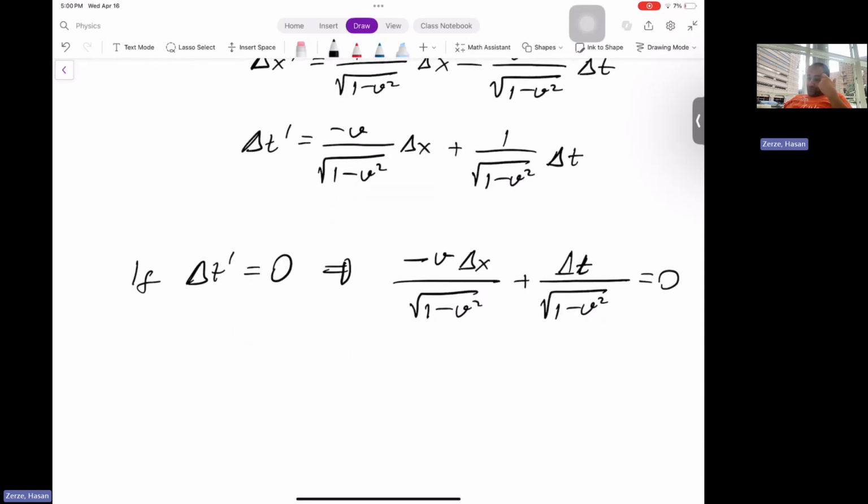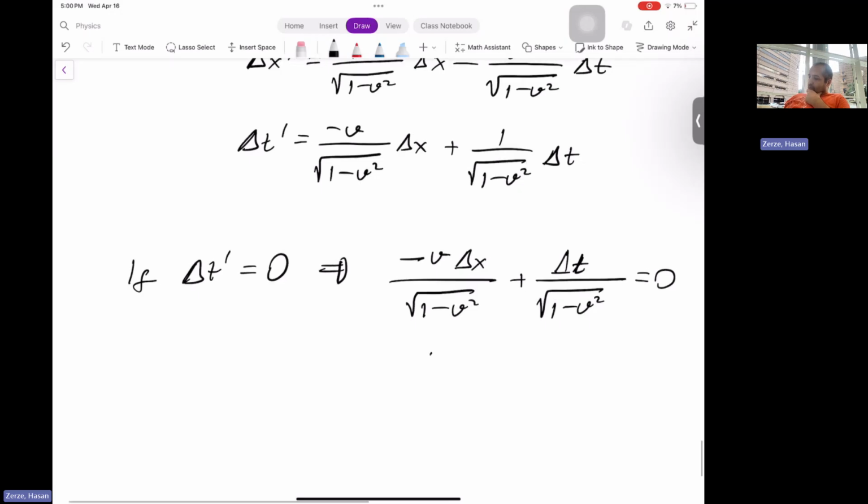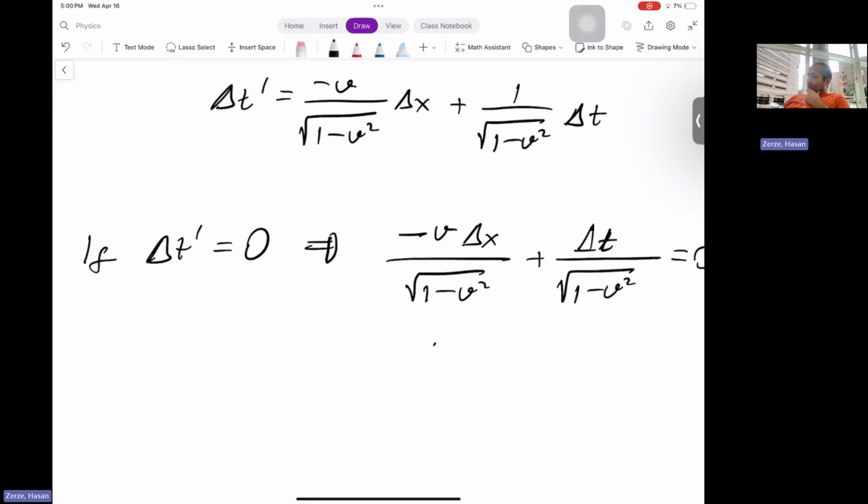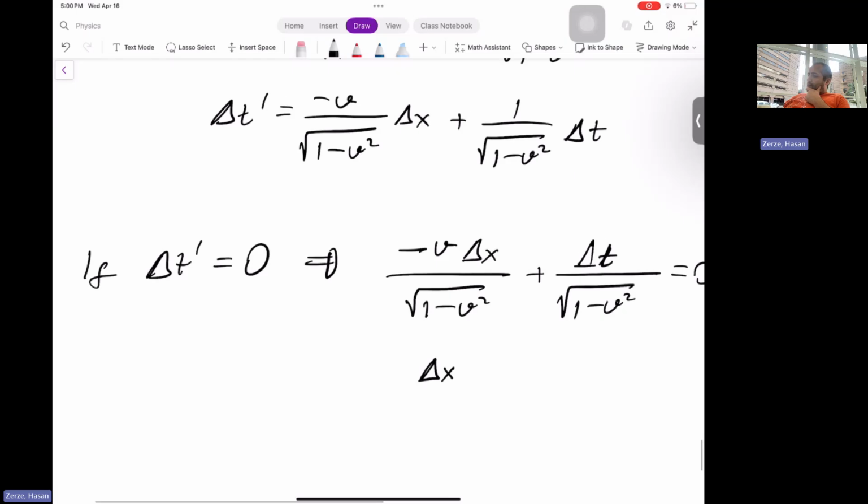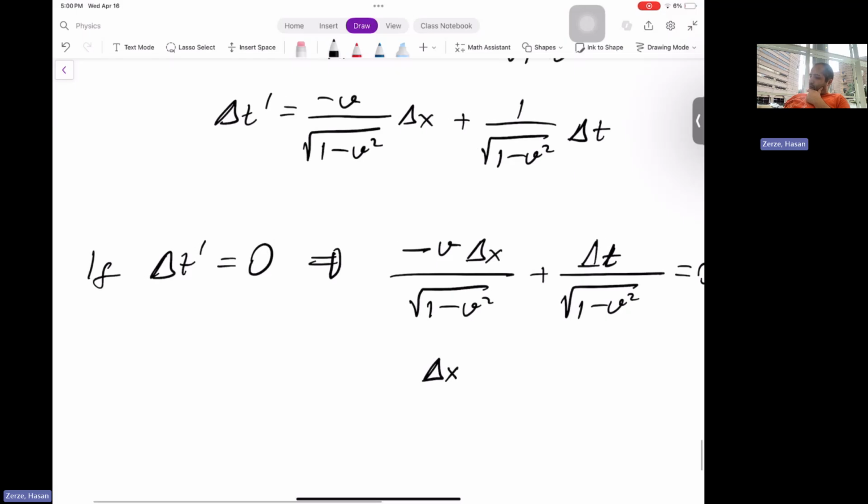From here, we get v delta x equals to delta t.